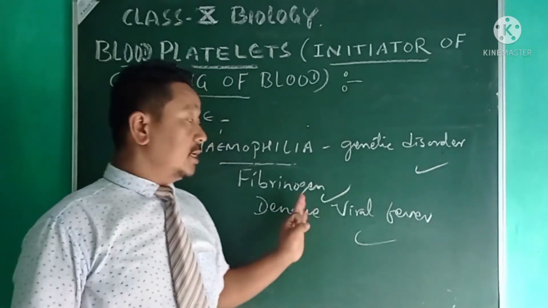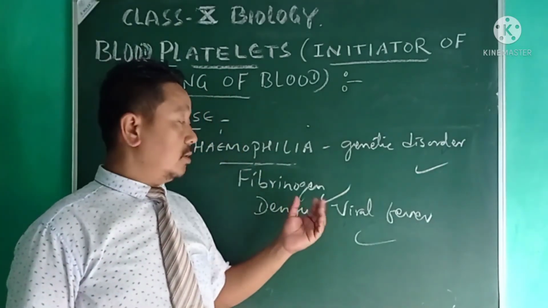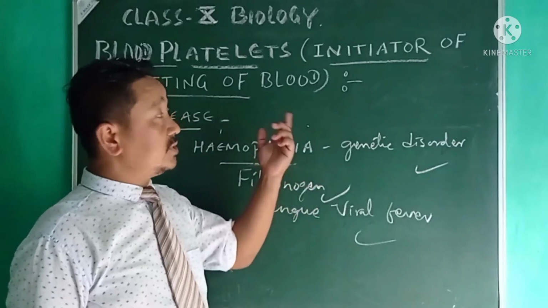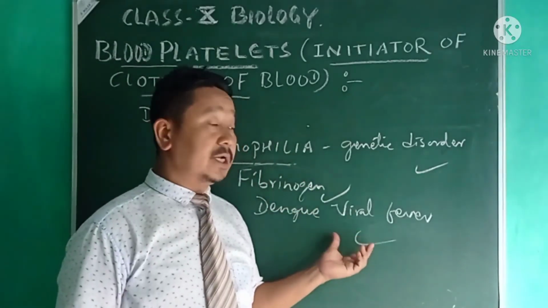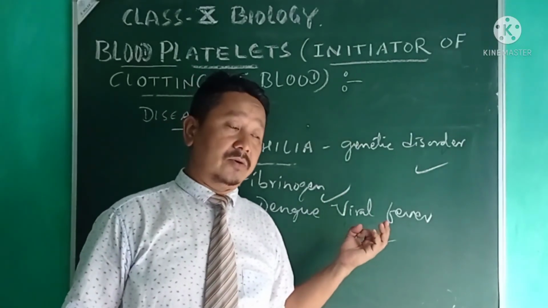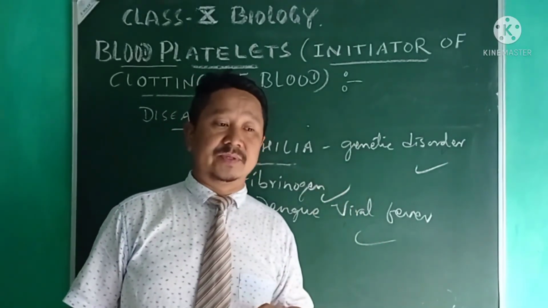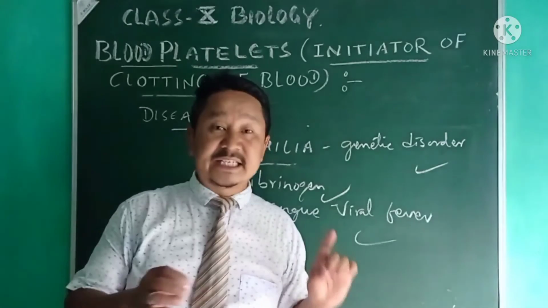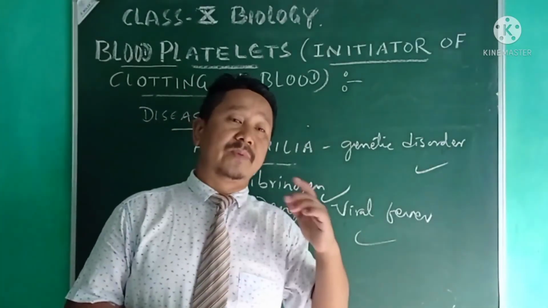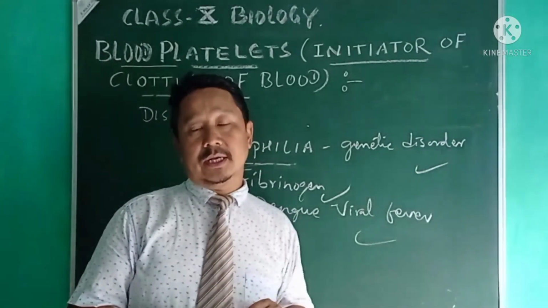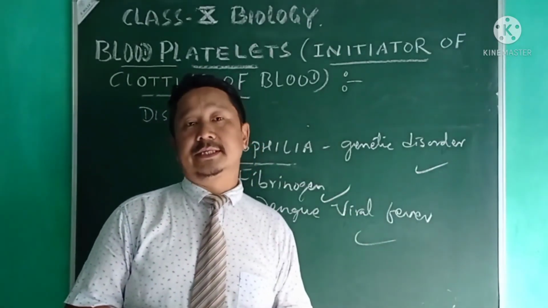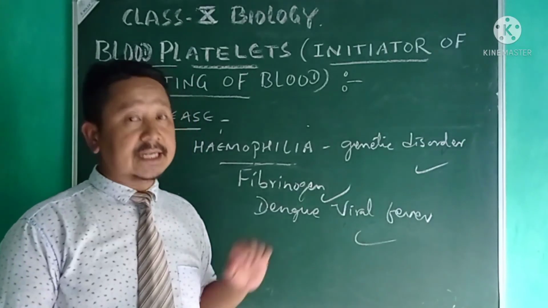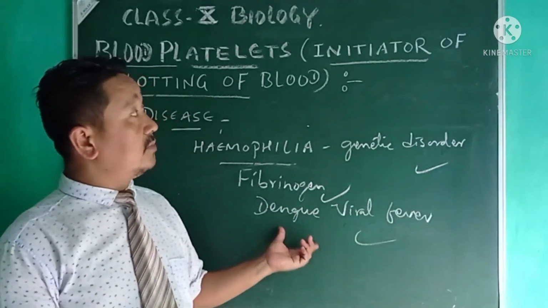Consequently, the person will have a clotting problem, and the people might die. Here in India, especially in Delhi and other states, so many people have been killed. It has taken hundreds of lives since 1996 till date, because of this problem.